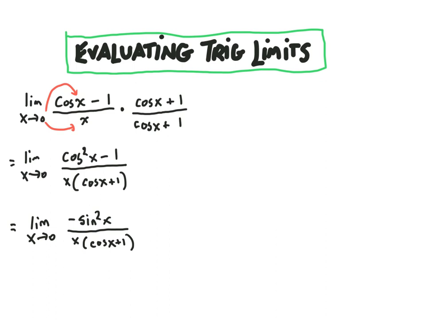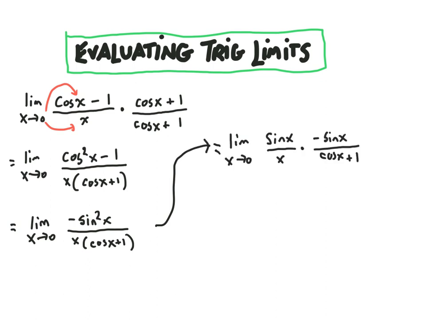Of course, this gives us an idea of how to proceed. I can rewrite this limit as the limit as x goes to 0 of the product of these two functions, sine x over x times negative sine x over cosine x plus 1. The first, sine x over x, we already know that one.